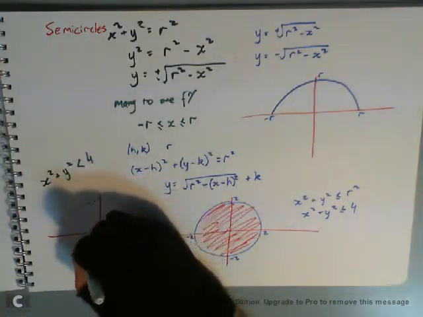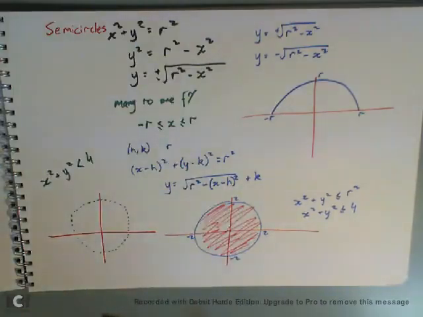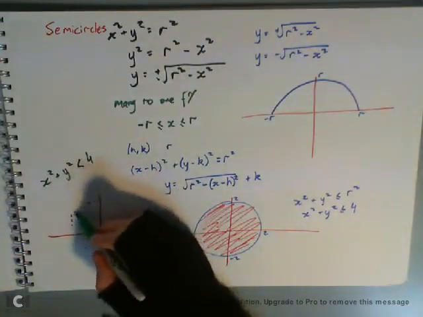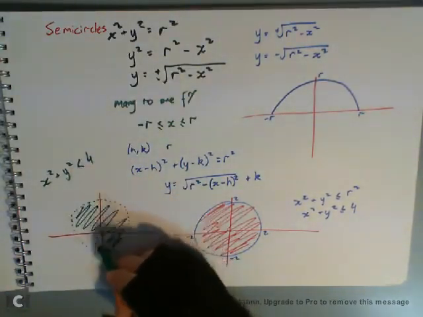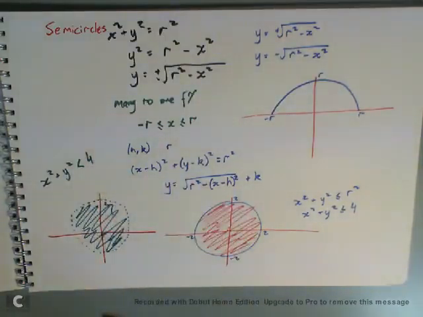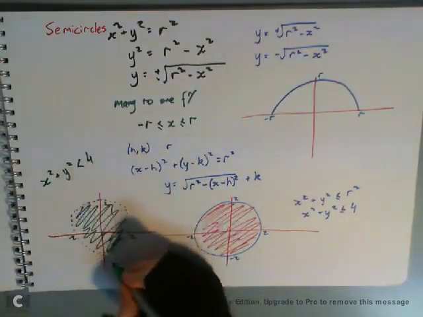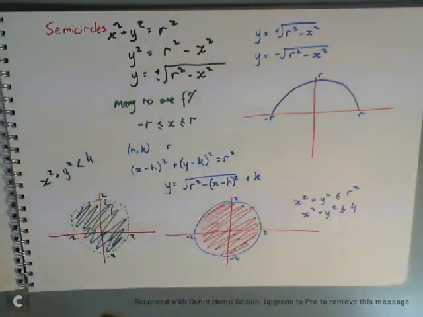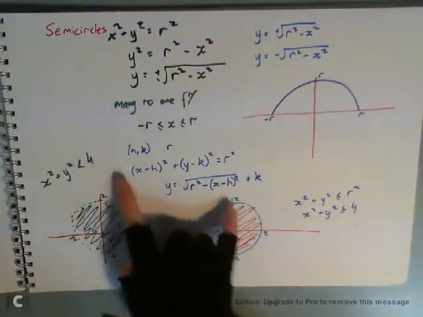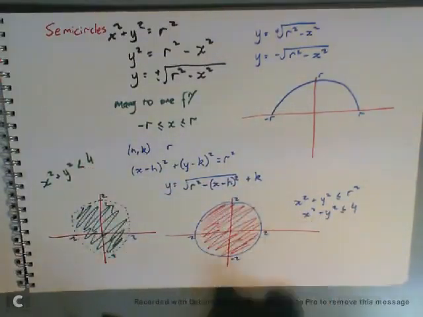So we draw a circle which is dotted like that, and it'll be all those numbers in here, not including the circumference because it's less than 4. Same thing, we've got a radius of 2, except we just don't include the outside. So that's how we distinguish between whether we include the circumference or not.